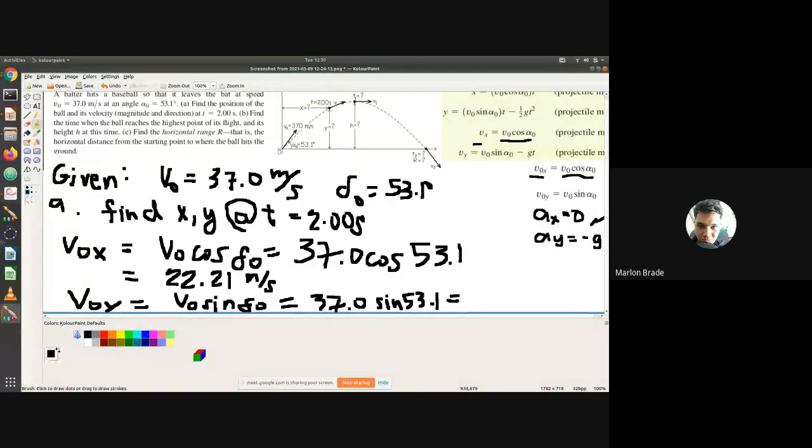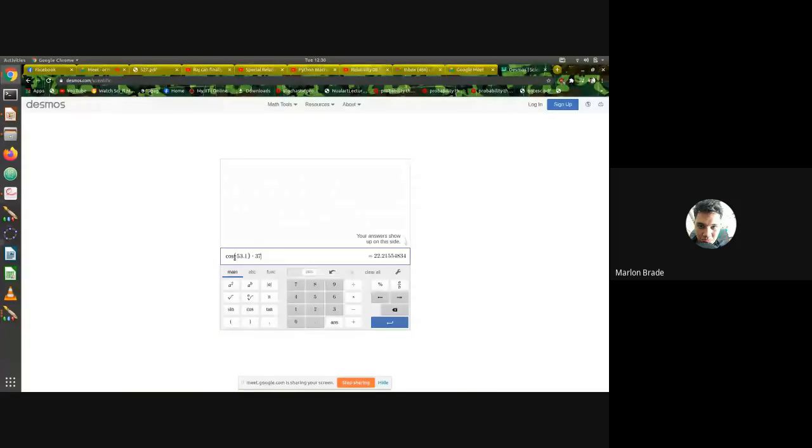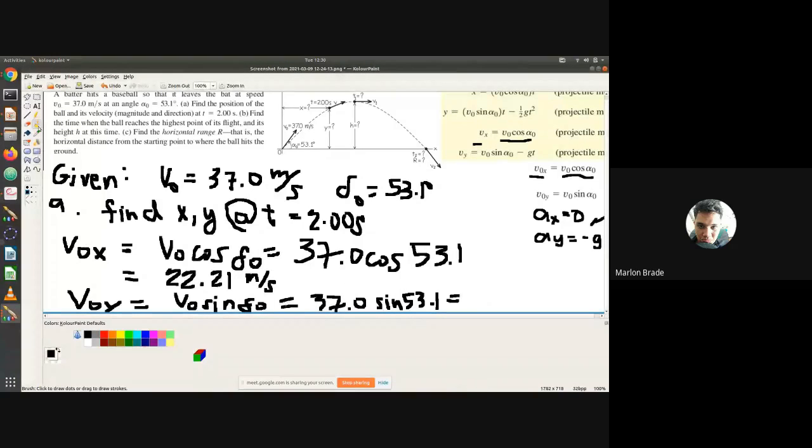So we get this sine 53.1, times 37, that is 29.58 meters per second. So this is the initial velocity along x, and this is the initial velocity along y. Okay?